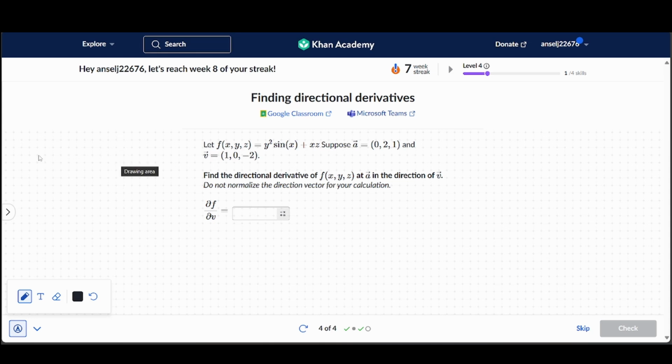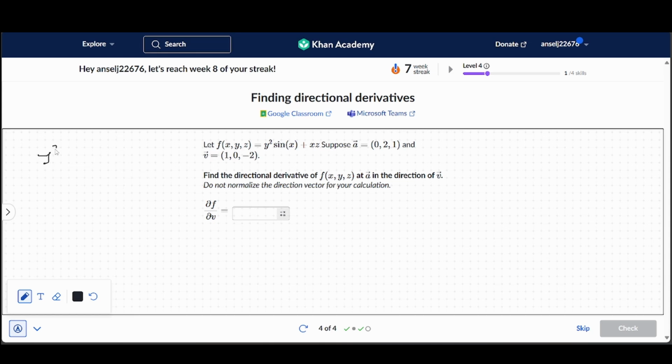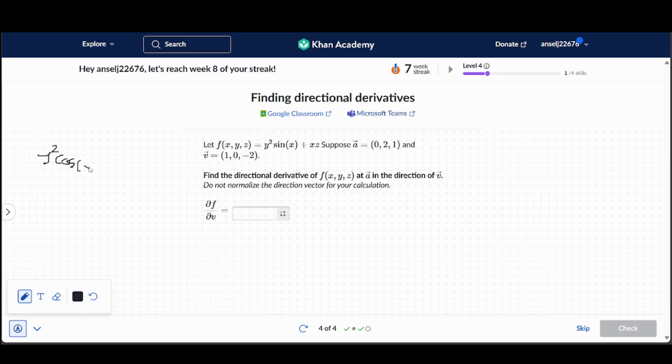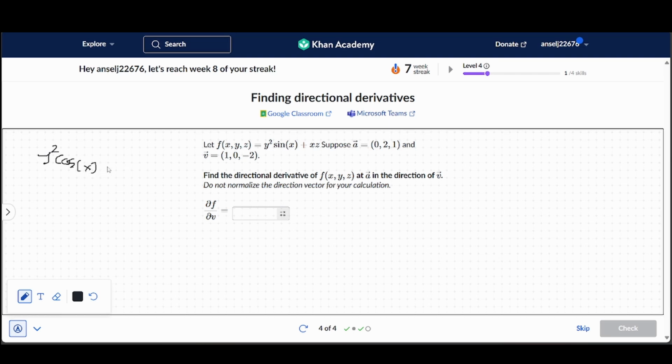Alright, so y squared cosine. Okay, we're going fast. But it's fine. You understand that, right? Y squared times cosine of x plus z. You understood that? Okay, so that's x. That's the partial derivative for x.